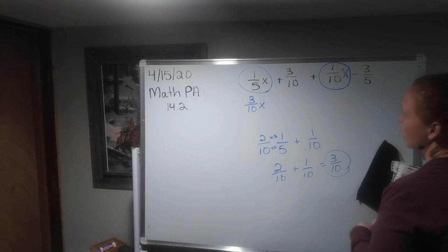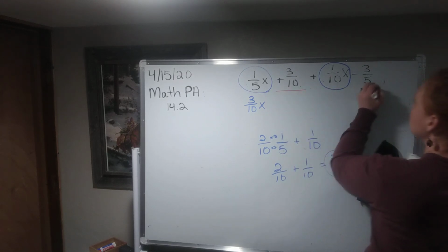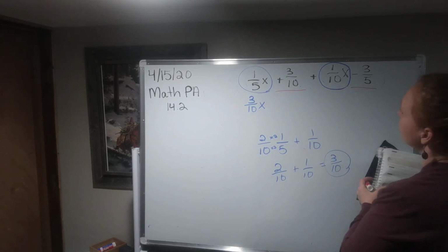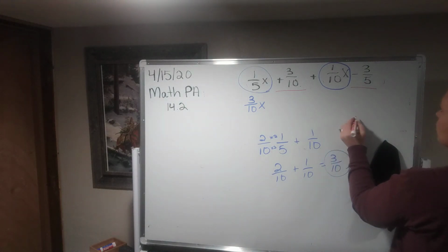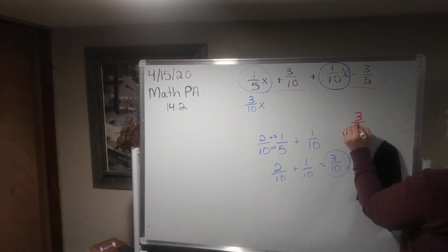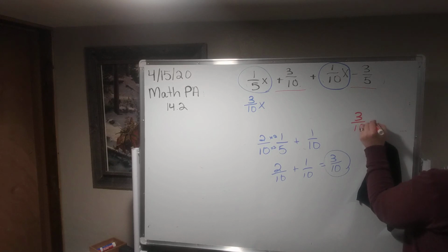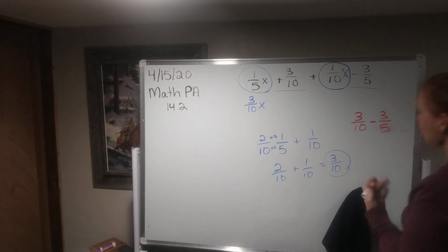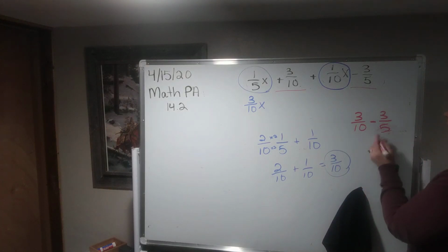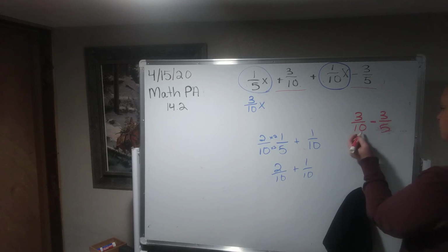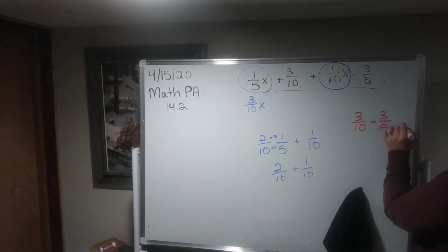Now I need to combine my fractions that don't have a variable. So I'm going to combine 3/10 minus 3/5. Okay? So how do I do this? Well, I need to change this to a tenth. So 5 times 2 is 10.